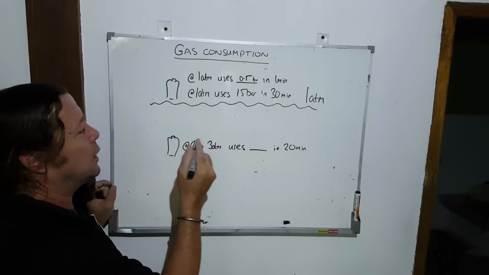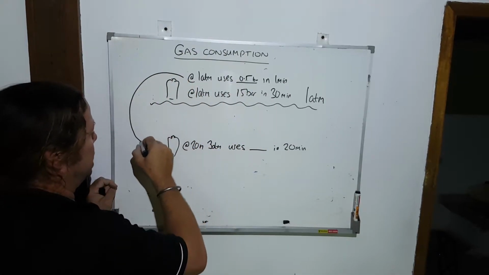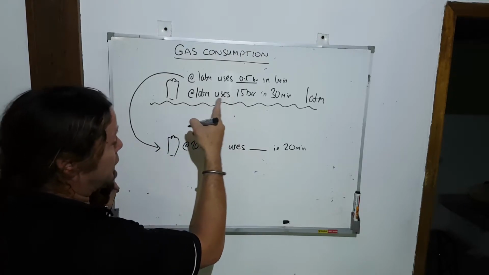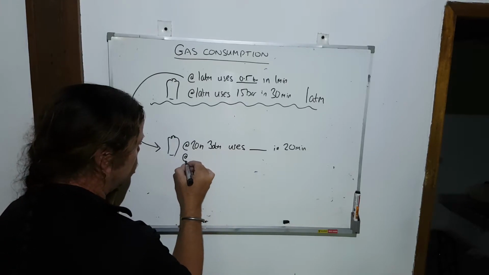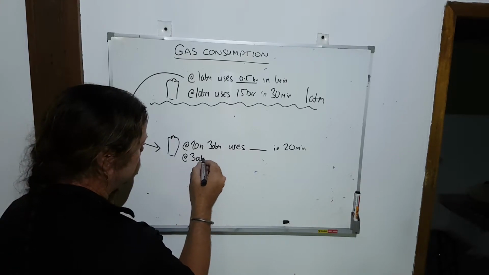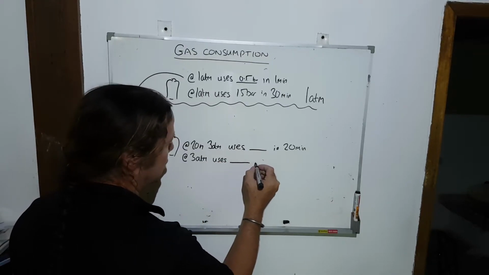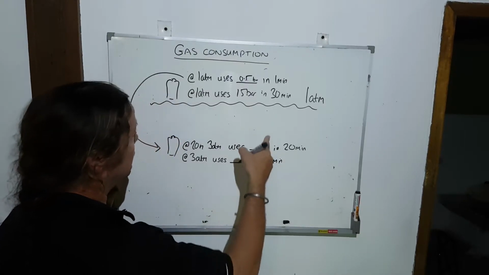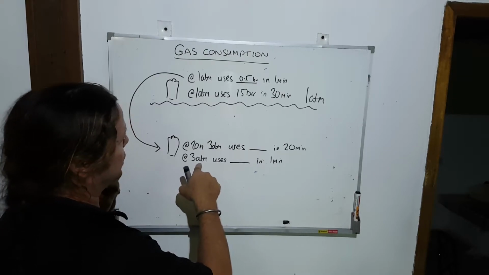Cool. Now I'm going to factor in my depth. So I'm going to take this information down to 20 metres. First of all, I'll factor in the 3 atmospheres. At 3 atmospheres, he uses in 1 minute, and I won't factor in the time just yet, 3 times as much.